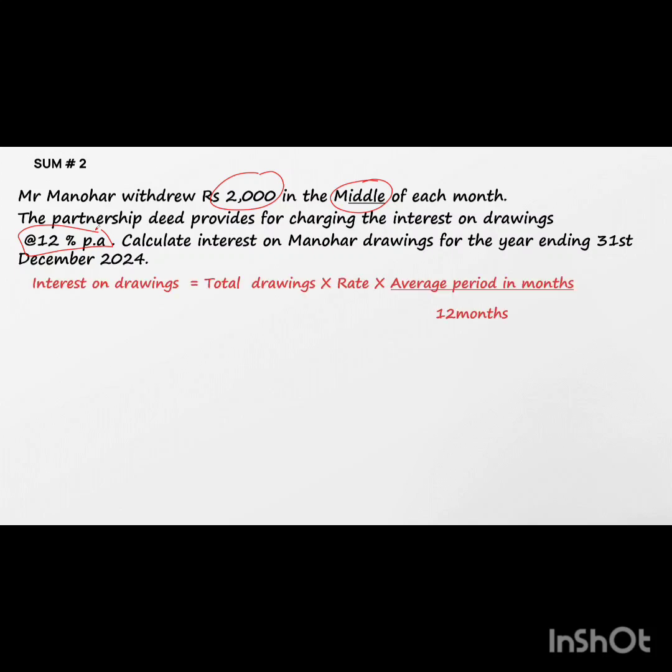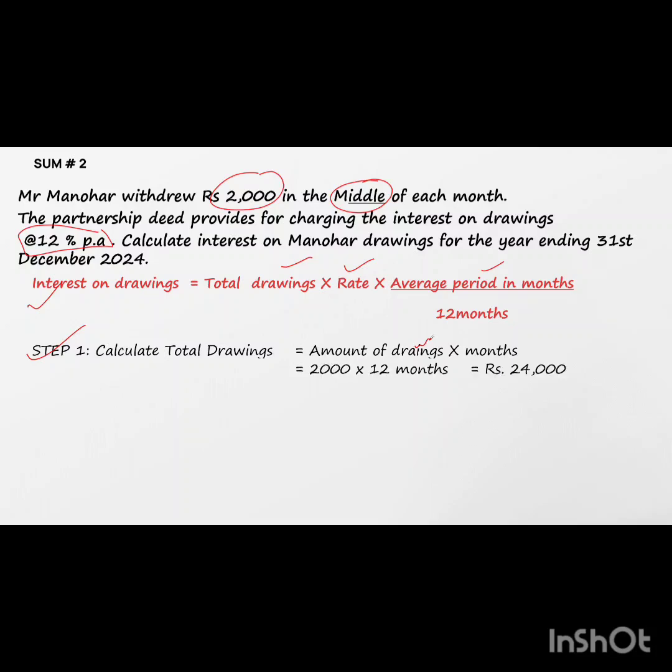Interest on drawings is equal to total drawings into the rate into average period in months, divided by 12. The first step is to calculate the total drawings. The total drawings will be the amount of drawings into months, which will be 2000 into 12 months, that is 24,000.